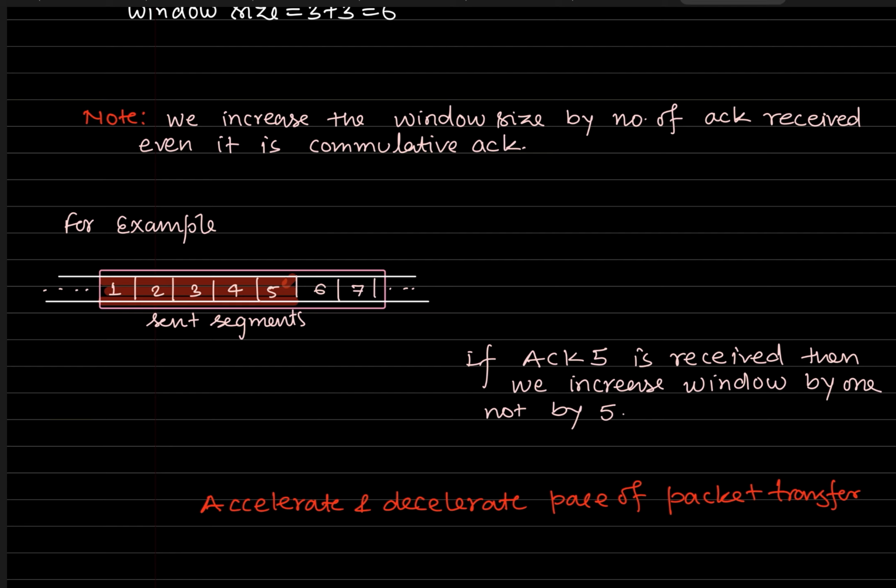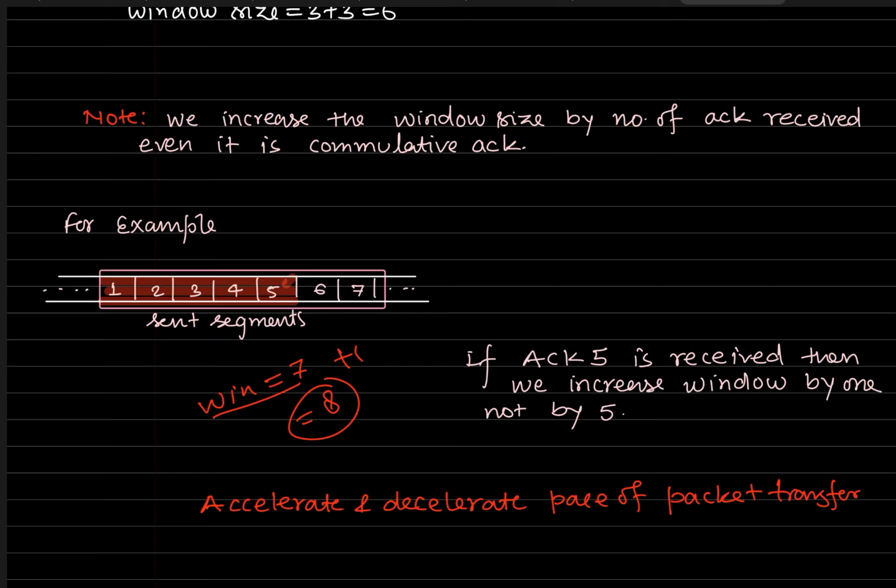Now we got the acknowledgement of 4, we got the acknowledgement of 5. That means up to here the packets got acknowledged. Now the number of acknowledgements we received is how much? 1 only. So that is the reason the window size will become 8.